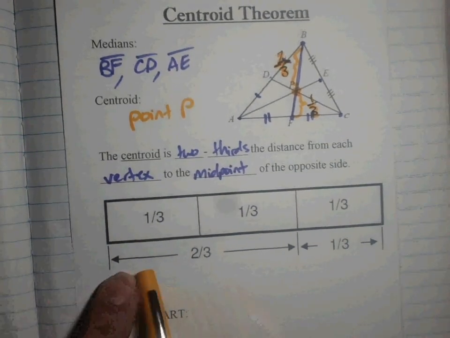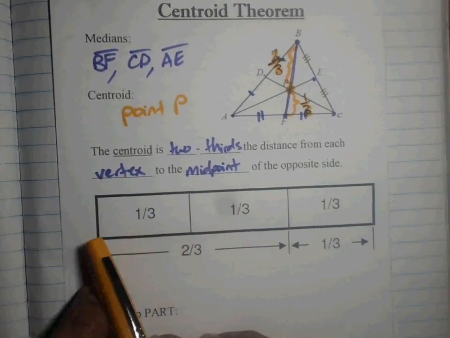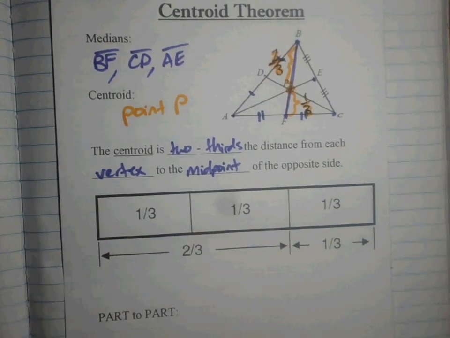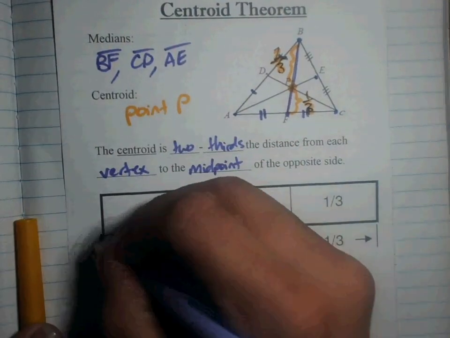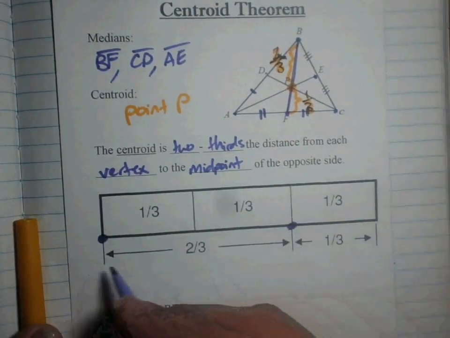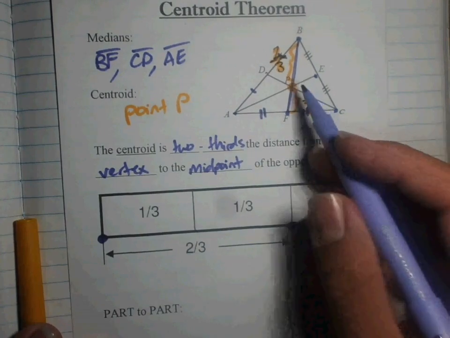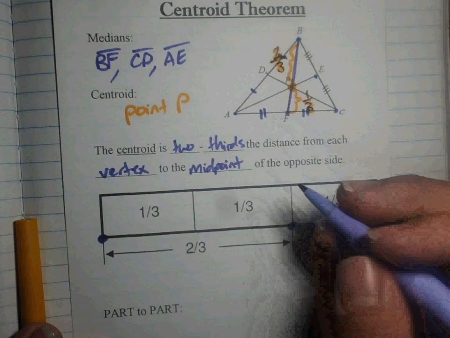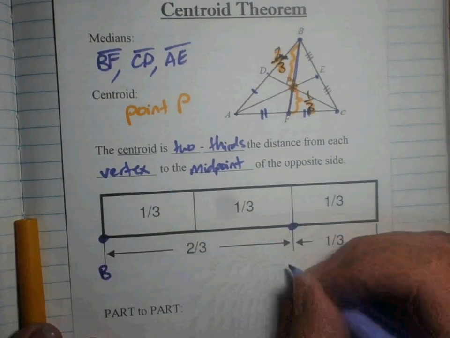If you have the full number, you can break it down into three different pieces and figure out what's going on. Here, the 2/3 part is the distance from B to P, and the last part would be P to F.